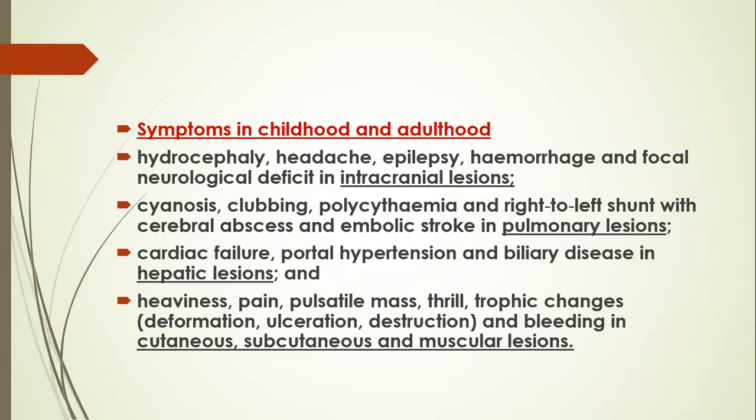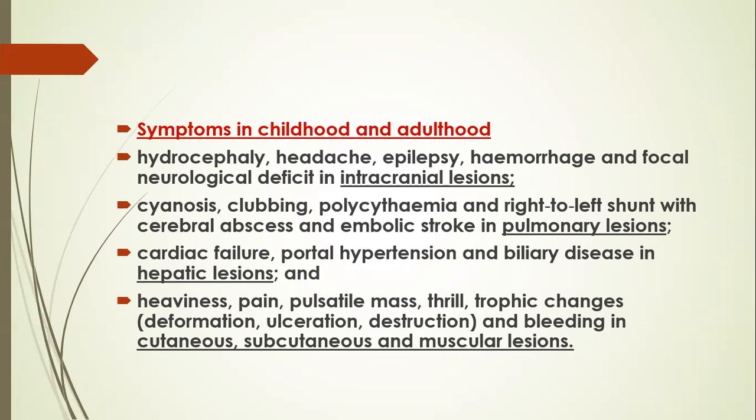The intracranial lesions will manifest as hydrocephalus, headache, epilepsy, hemorrhage, and focal neurological deficits. If pulmonary arteriovenous lesions develop, there will be cyanosis, clubbing, polycythemia, and right-to-left shunt with cerebral abscess and embolic strokes.